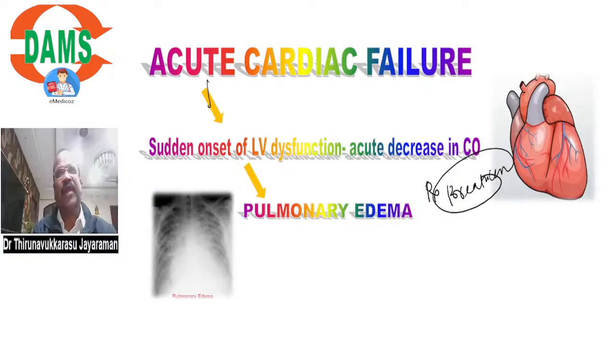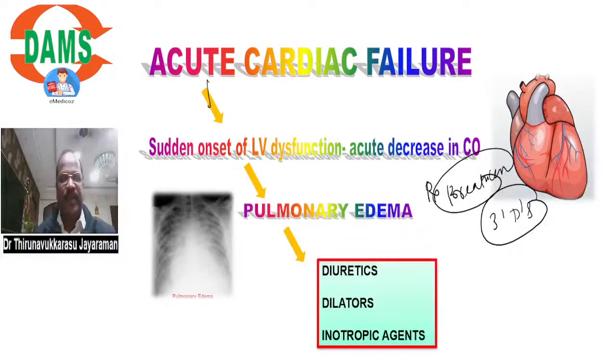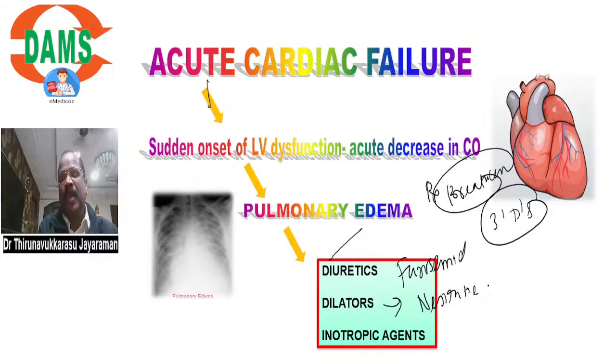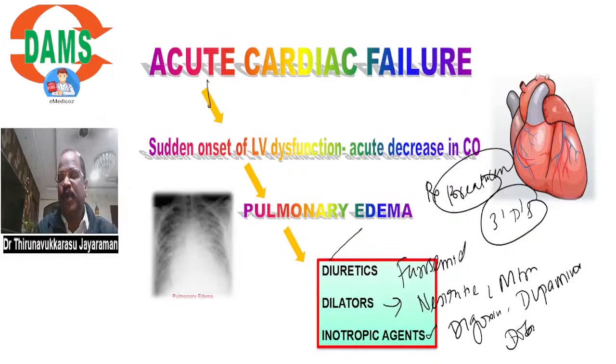For the mnemonic, we have 3 Ds. What are the 3 Ds? Diuretics like furosemide, dilators like nesiritide or nitrates, and inotropes like digoxin, dopamine, or dobutamine.